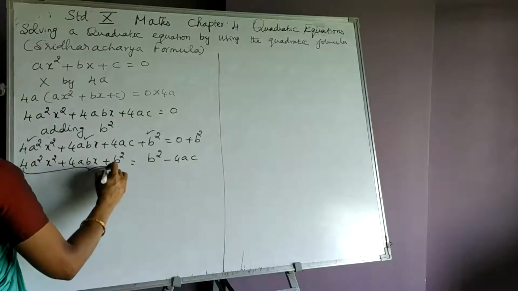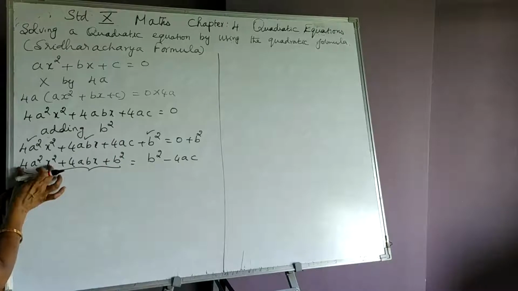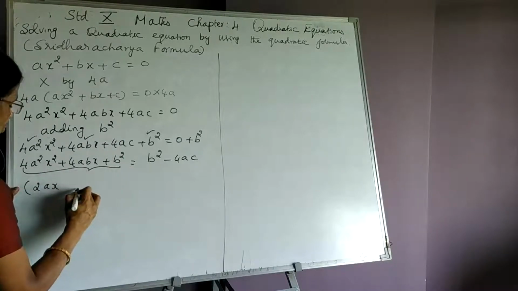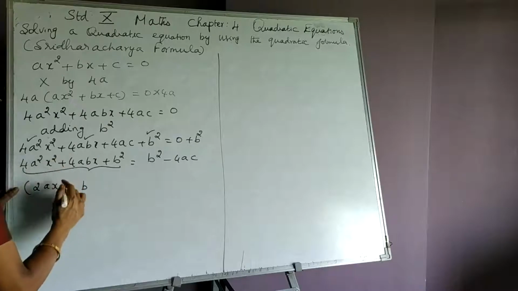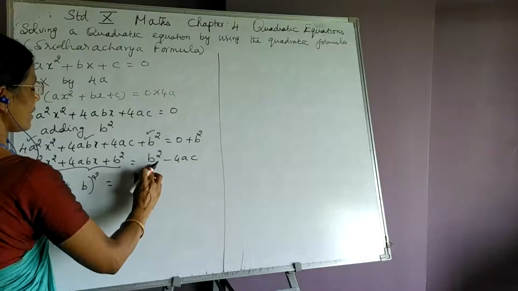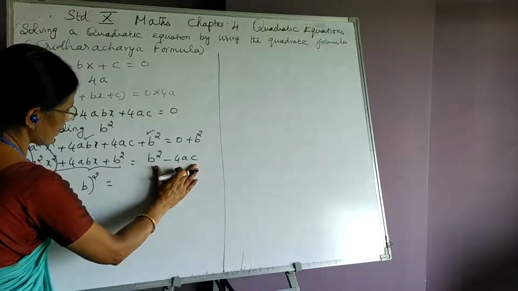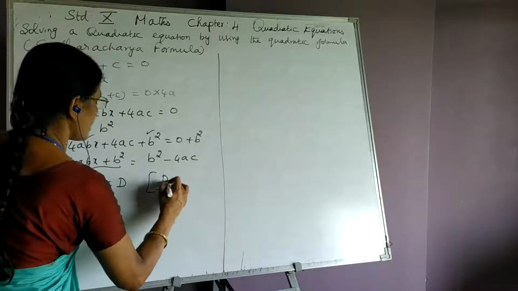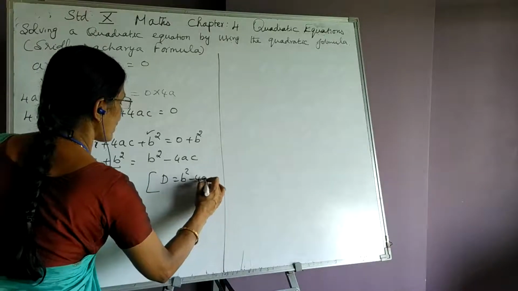So these 3 terms form a whole square. This is the square of 2ax. This is the square of b. The middle term is plus. Therefore, I write plus, whole square, is equal to. Here I take a substitution for b square minus 4ac as d. I take it as d to make it easy to factorize.